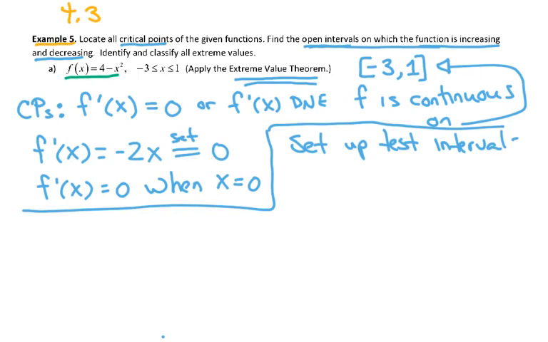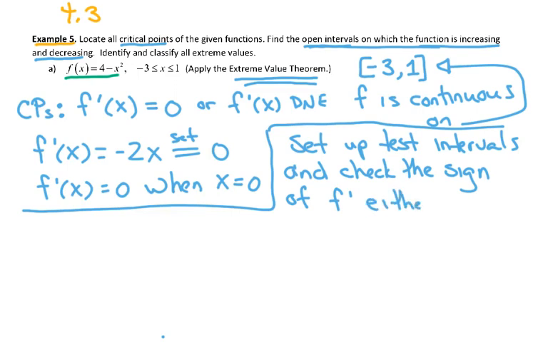We're going to check the sign of the derivative either side of the critical point.